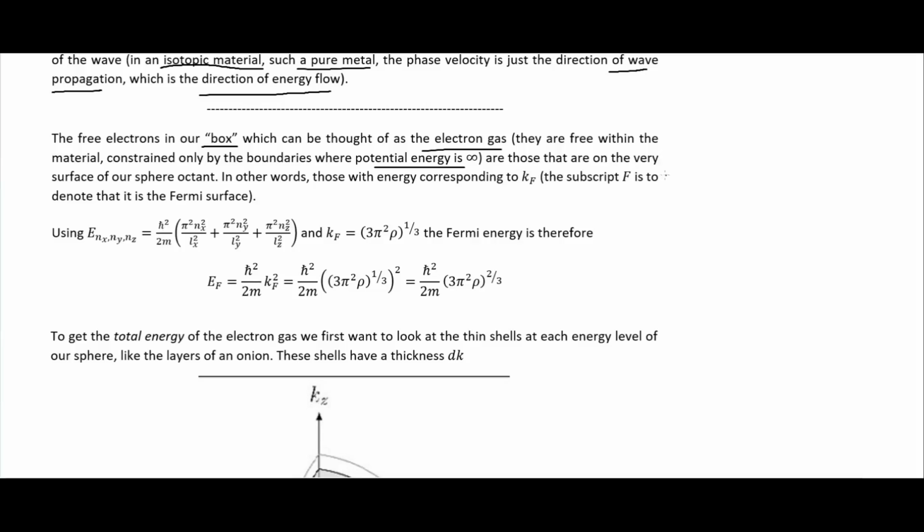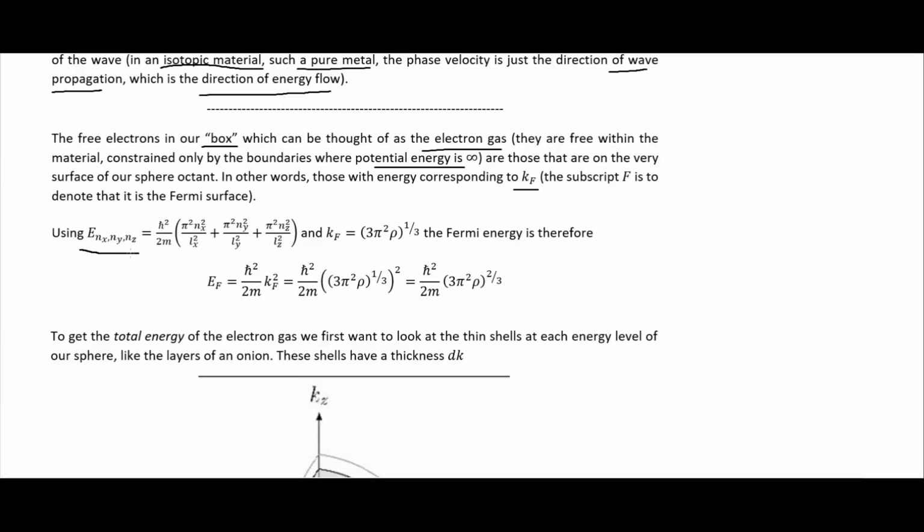Those on the very surface of the sphere octants are the ones that are going to get promoted up first and then be able to move about the material freely. So in other words, those with energy corresponding to the KF are the ones that are going to be moving about the material freely.